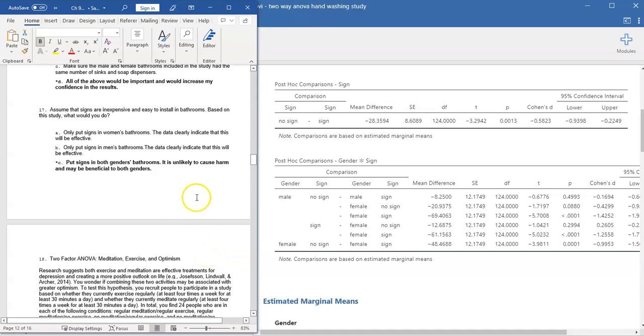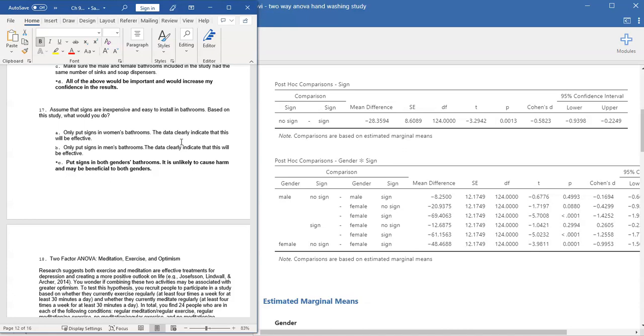Okay, and so this question 17 is a little tricky. What would you do? So I interpreted the data a little earlier saying that the sign really only had an effect for females. So a reasonable answer might be, well, since it didn't really impact male behavior, why don't we save money and just put the sign in the female bathroom?